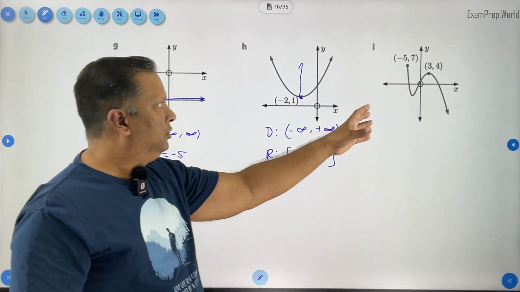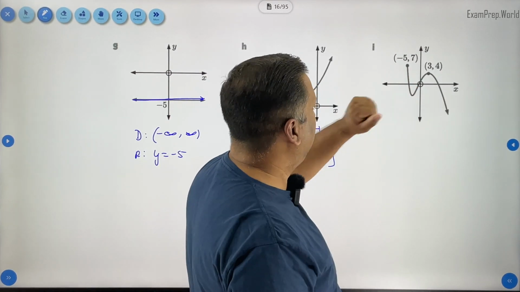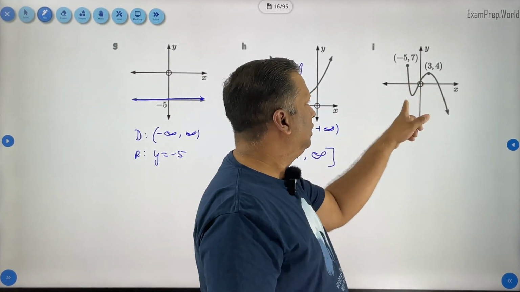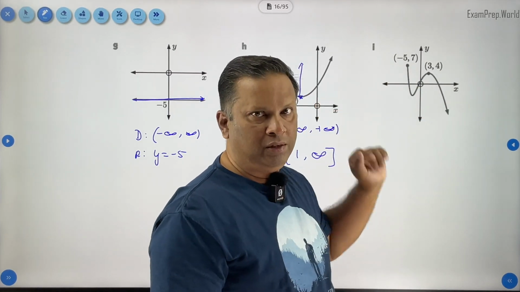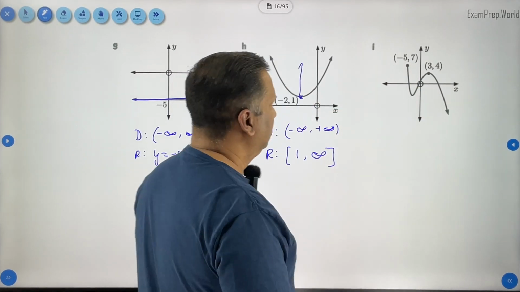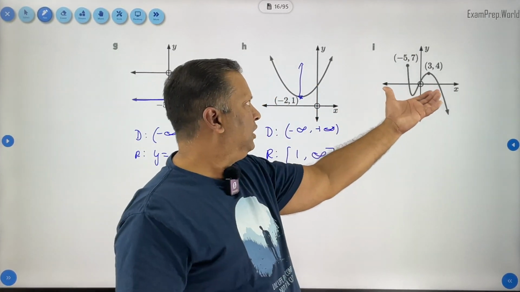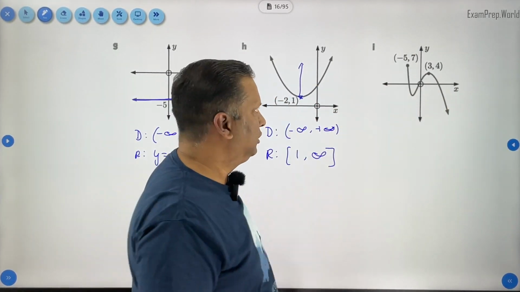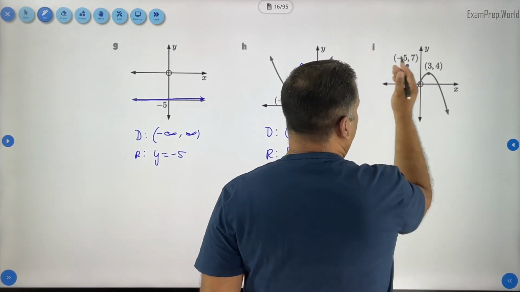Now here, you have to watch, okay? This is a peculiar thing because they have given 2 dots. It's like a cubic function, but the function has its terminating point at -5,7. So look at the minimum value of x. For such a complex figure, look at the minimum value of x. I don't see x coming beyond -5.